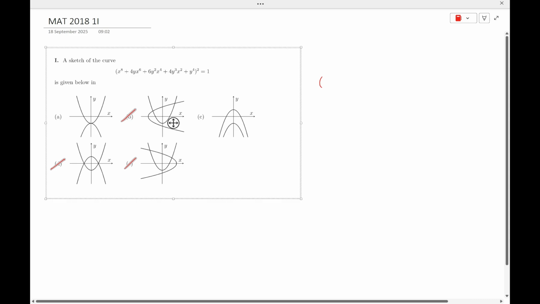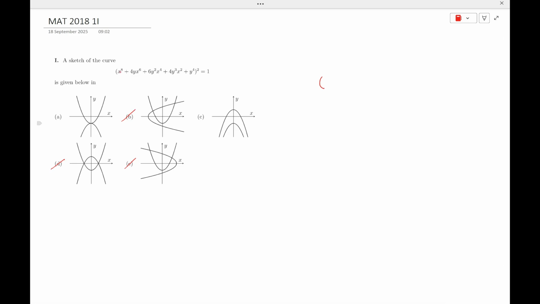And if you look at the fact that the biggest x power is twice the biggest y power, you might have a guess at something like this. And actually, if you expand that, you'll see that that is correct, which overall gives us x squared plus y to the 8 equals 1.